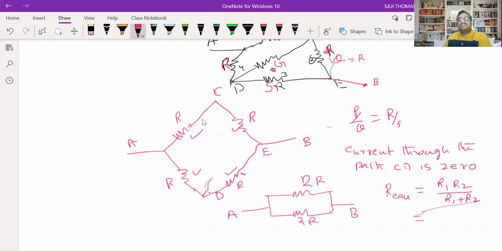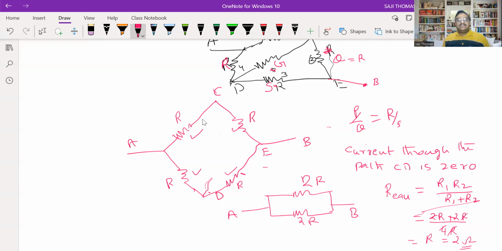Here it is 2R into 2R divided by 2R plus 2R, which is 4R. The 4 cancels, and you get the equivalent resistance as R only. So it is 2 ohm, since R is given as 2 ohm. So we found the equivalent resistance of the combination.